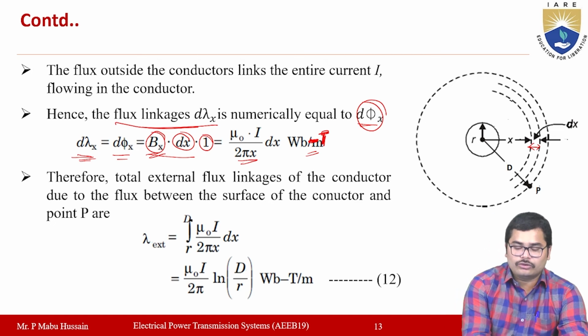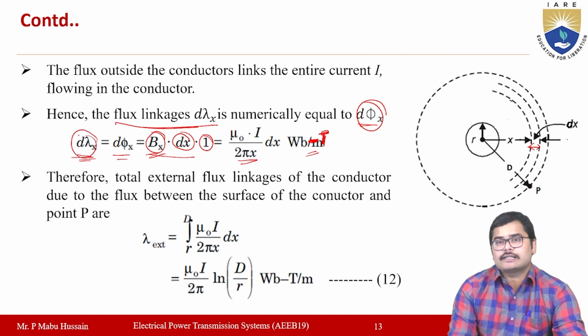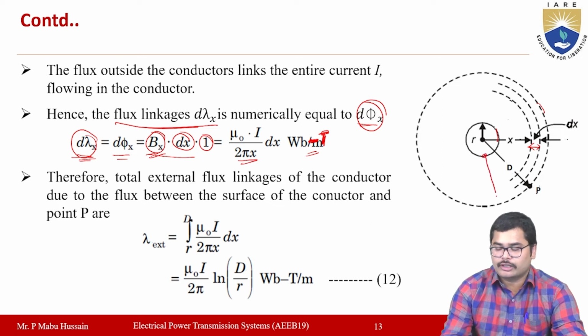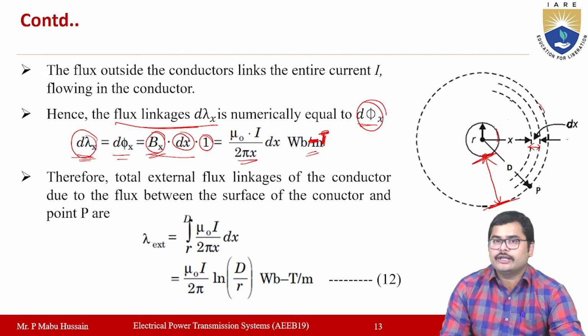Now after knowing the flux linkages inside the tubular element, you can determine the total flux linkages from the surface of the conductor to a point P which is at a distance D meters. From here to here you have to determine the total flux linkages. How can you determine?